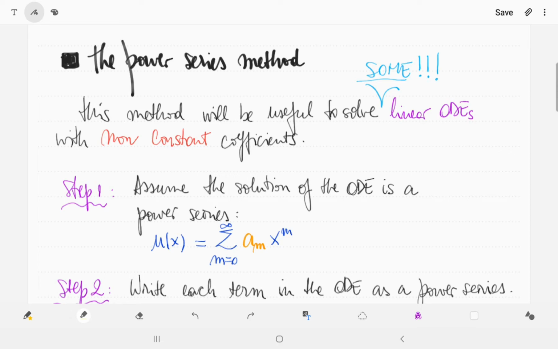So this has a similar idea. I propose a certain type of solution, this power series solution, and now all will be focused on trying to find these coefficients am.